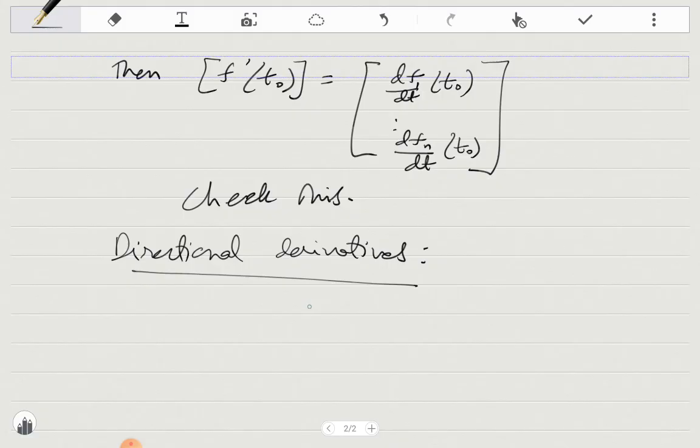So for simplicity, U is an open set. I'll take the range to be just the real line, a real valued function. I can do it with the range being Rm as well, but that really doesn't add any further complication. And here P is a point in U.